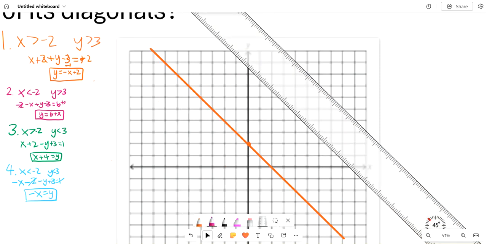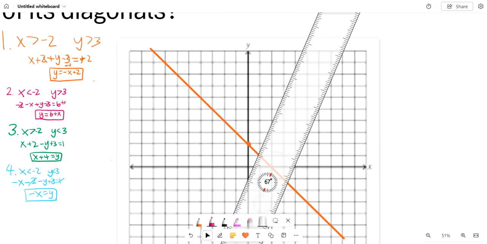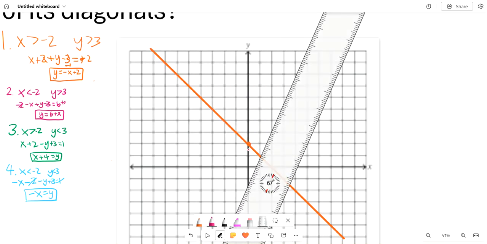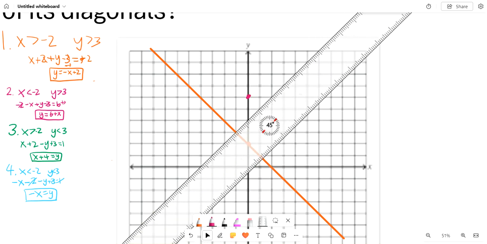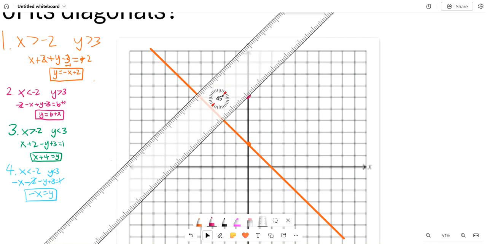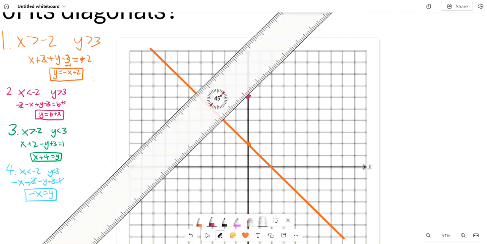So case 2, we have a y-intercept of 1, 2, 3, 4, 5, 6, so over here, and then 45 degrees. So it's a slope of positive one. So it'll just look like this.